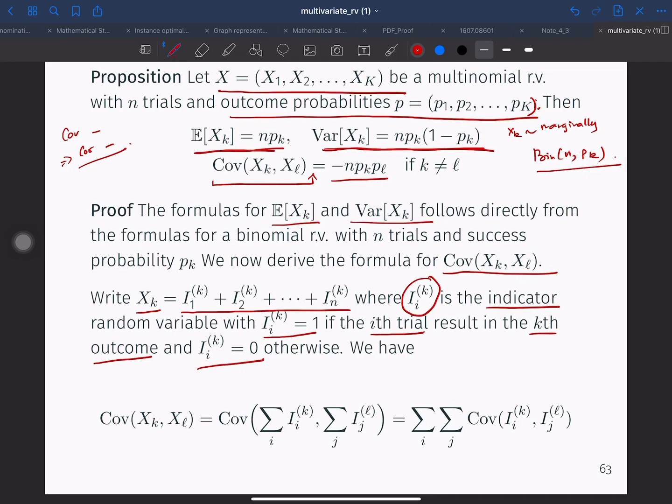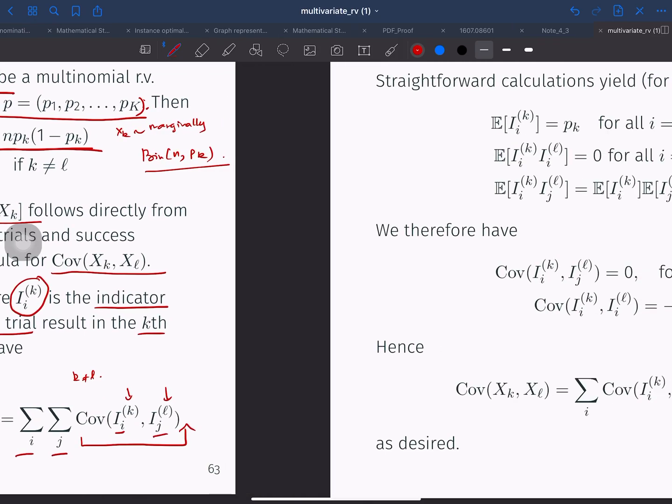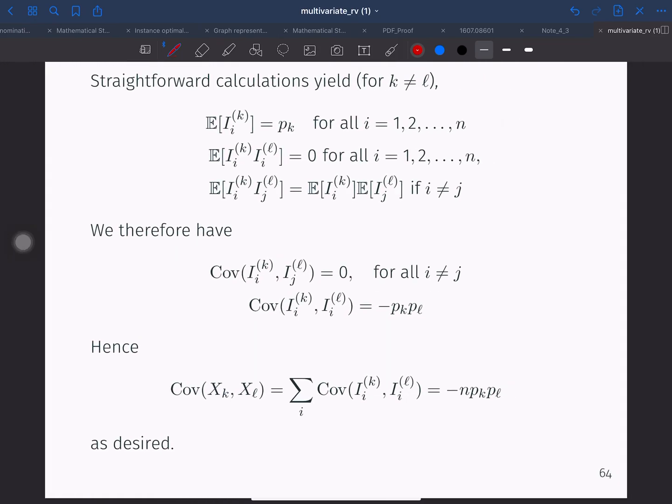So once again, the covariance of a linear combination can be written as the sum over i and j of the pairwise covariances between the indicator random variables I_ik and I_jl. I emphasize here the importance that I_ik is a different trial than possibly I_jl, in the case when k is not equal to l. Now we can do a simple, straightforward calculation.